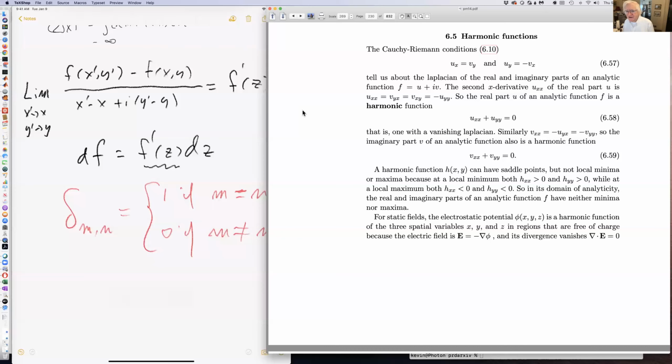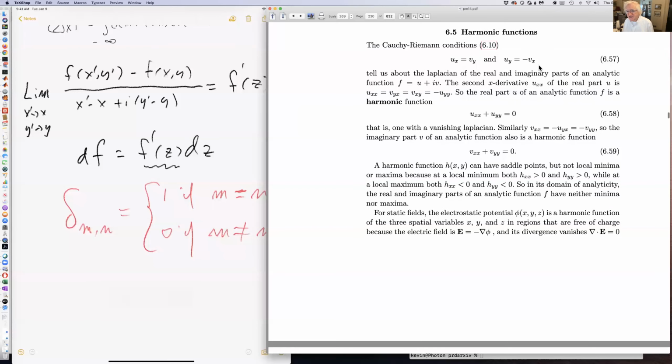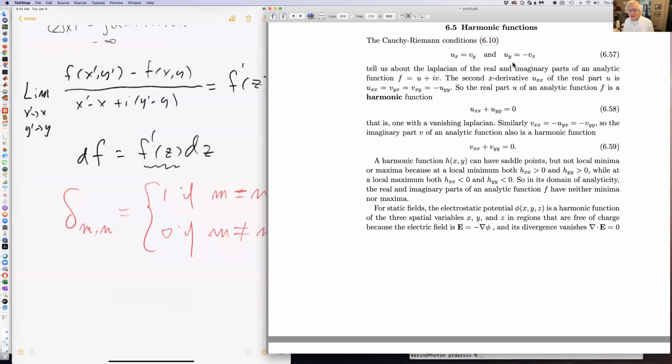We can also do the same thing to the imaginary part v. We start with v_x, and say that v_x is minus u_y, so v_xx is minus u_yx, and on the other hand, u_yx is u_xy, u_xy is v_yy, and we've got that minus sign, and so then we find that the Laplacian of the imaginary part also vanishes.